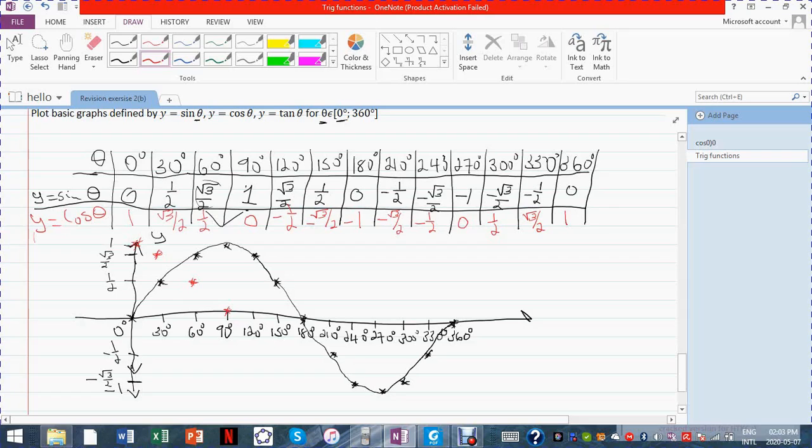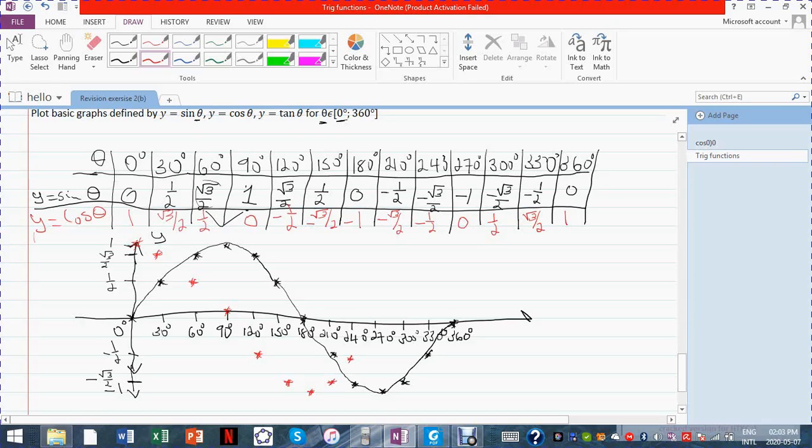And then cos of 120 is negative a half. Cos of 150 is negative root 3 over 2. Cos of 180 is negative 1. Cos of 210 is negative root 3 over 2. Cos of 240 is a half.